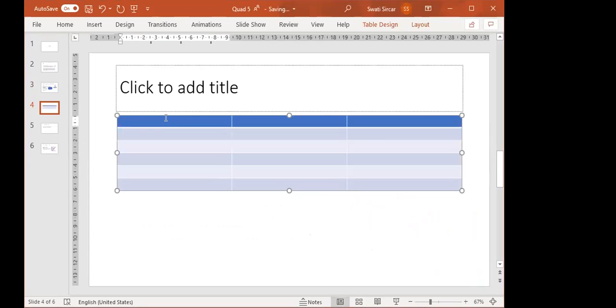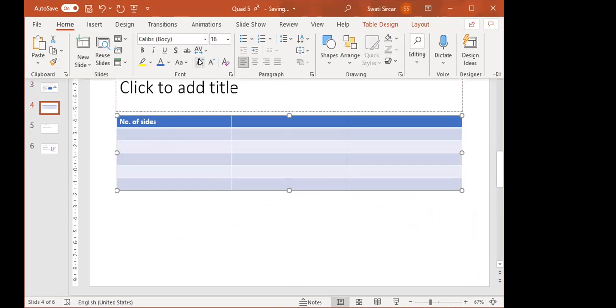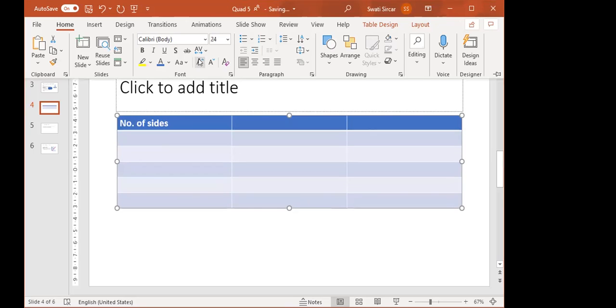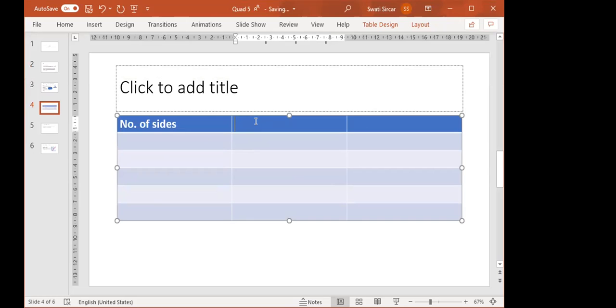So let's look at number of sides, order of rotation and angle of rotation.